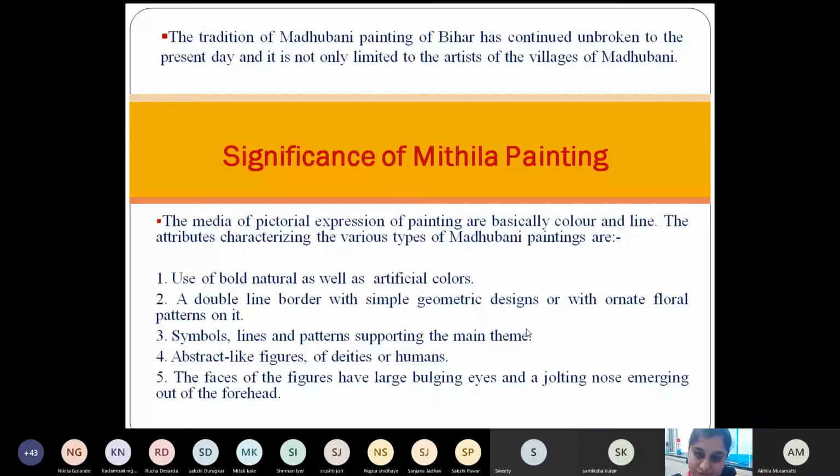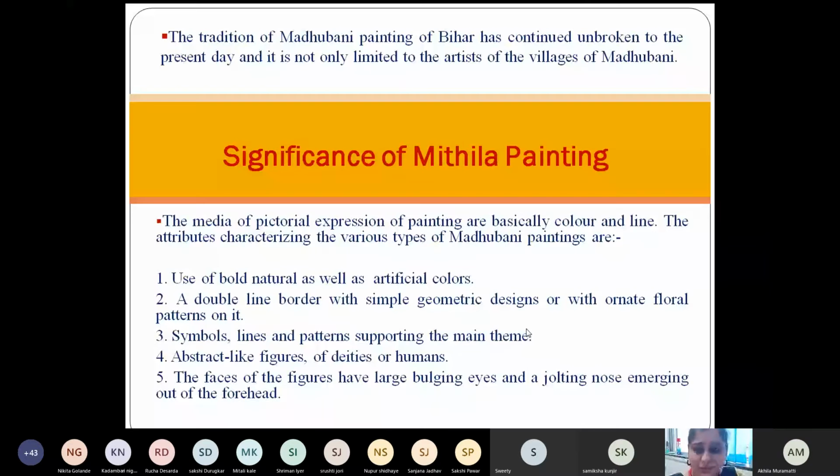Apart from that, you can use geometric figures in it, and then use a filling and also other lines in combination with it. So even if you have taken a deity motif or a peacock motif or probably a lotus, you can still fill it beautifully with lines.